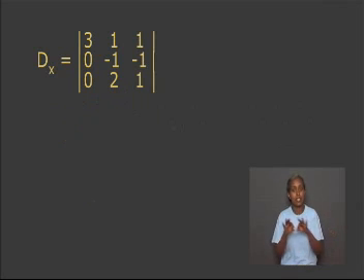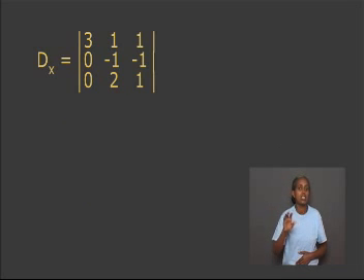Next, we substitute the answer column, or constant vector column, 3, 0, 0, for the x column to find dx. Here is the matrix for dx.